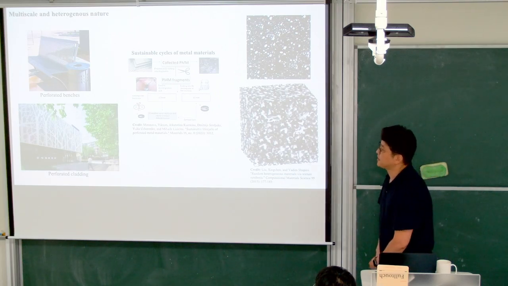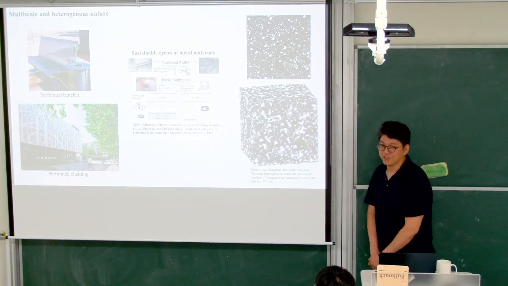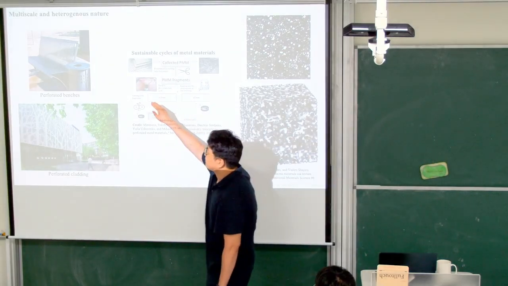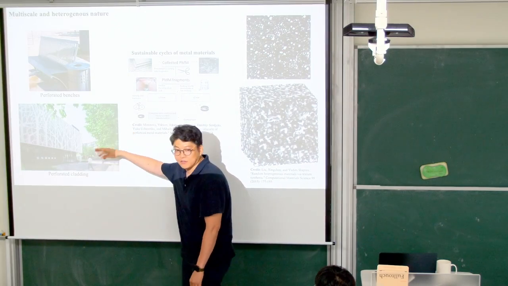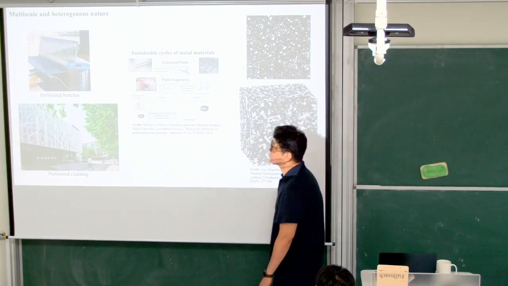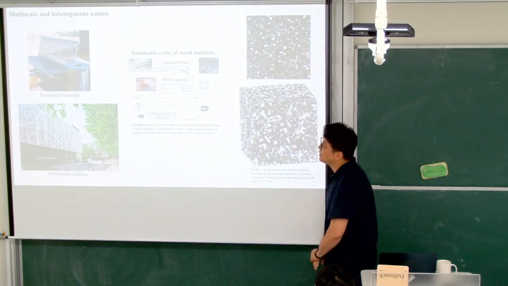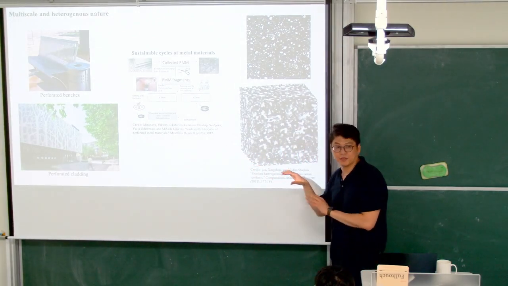I start with some examples of large-scale or multi-scale nature. I bring some examples related to sustainability, a growing societal concern. This is a perforated bench near the park, or this is a perforated cladding on a building exterior, meaning that it has many holes. Such design is not just for aesthetics, but also has a practical purpose.